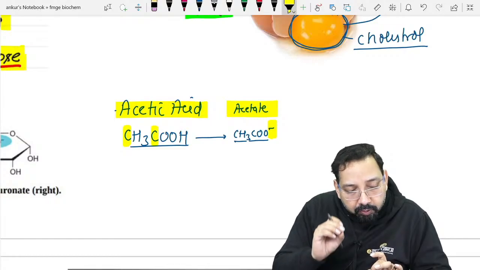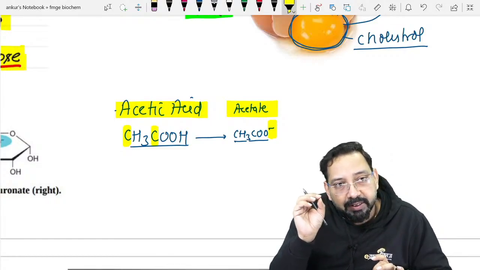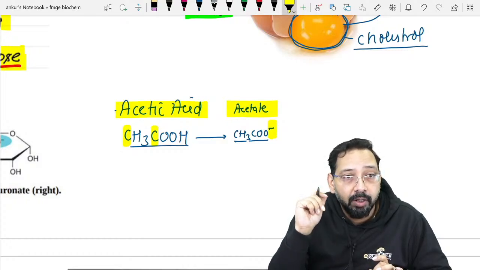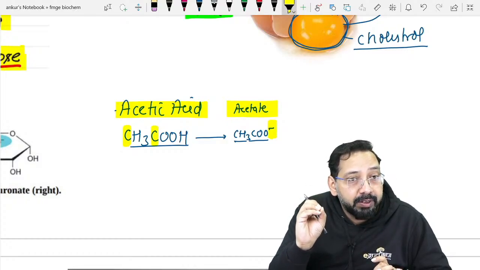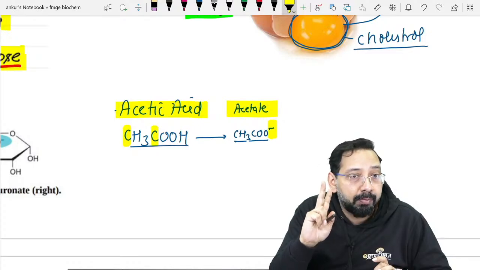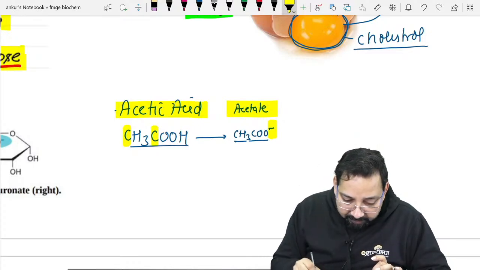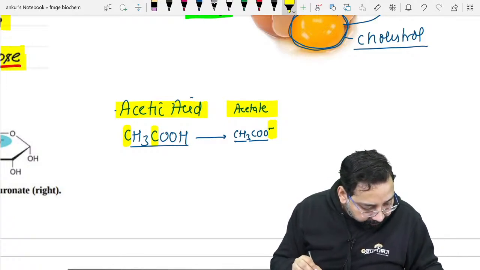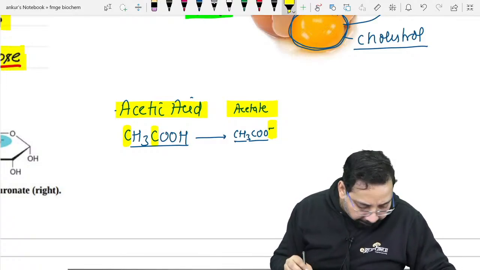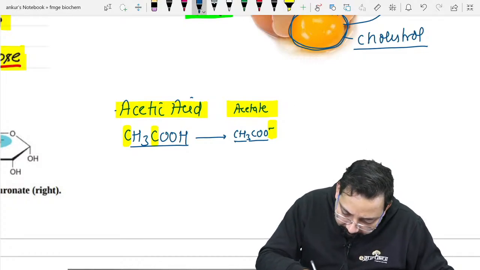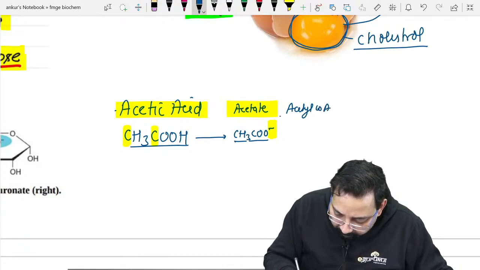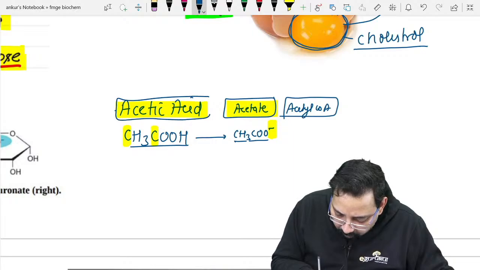If I ask how many charges acetic acid is having, you will say 1 negative charge. How many carbons, you will say 2 carbons. Acetic acid, acetate or acetyl coenzyme A are the same. For question purposes they are the same, having 2 carbons.